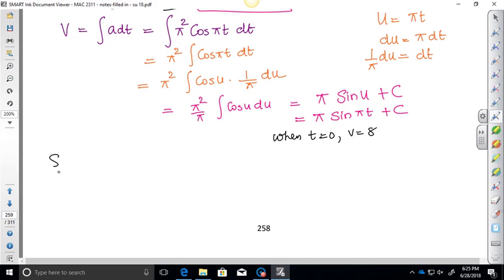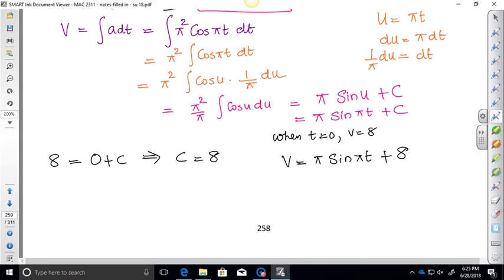So it's going to be 8 equals pi sine 0 plus c. What is sine 0? 0. So c equals 8. So the velocity is pi sine pi t plus 8.